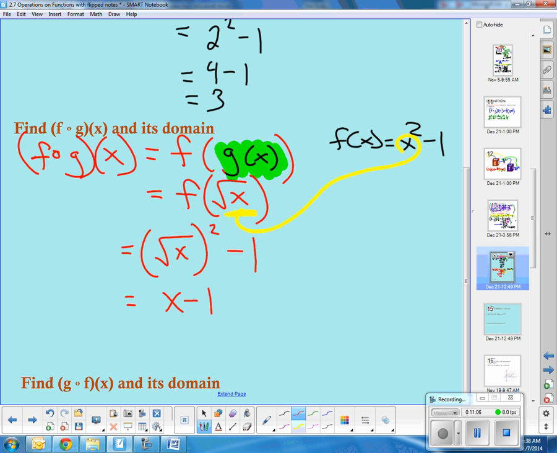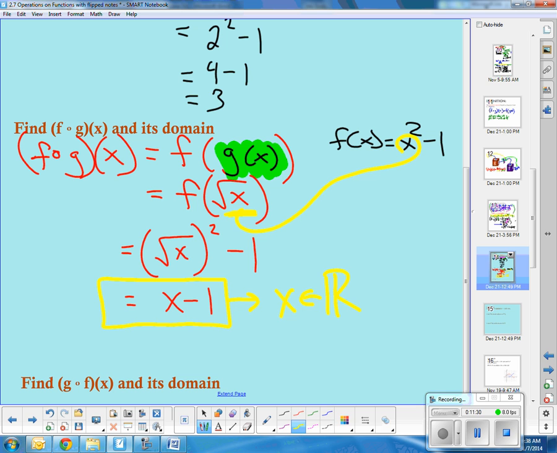And now we've got to be careful, though, to find its domain. The domain, if I just look at the function itself, it looks like my domain is going to be all real numbers. But I can't do that because g of x does not allow for all real numbers.